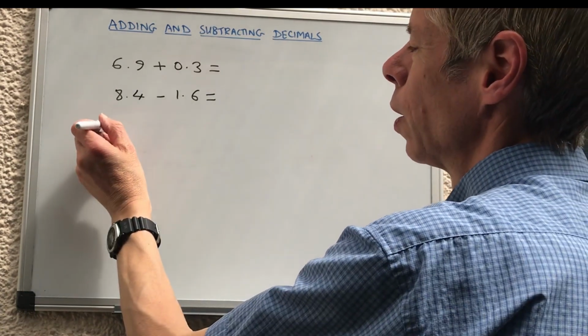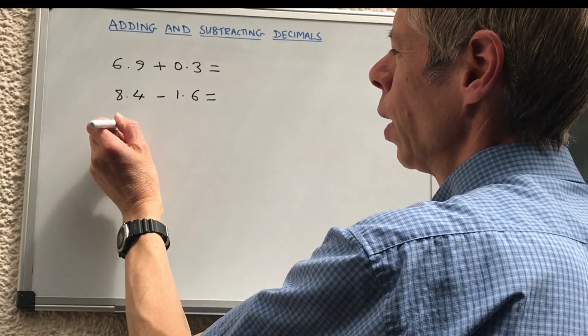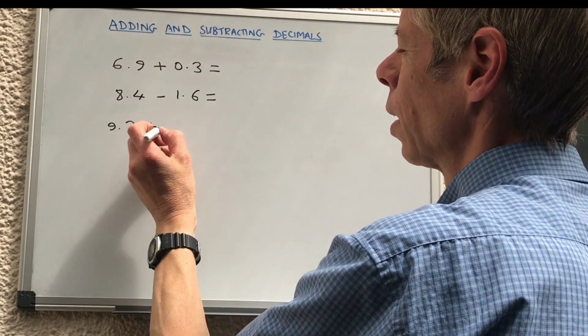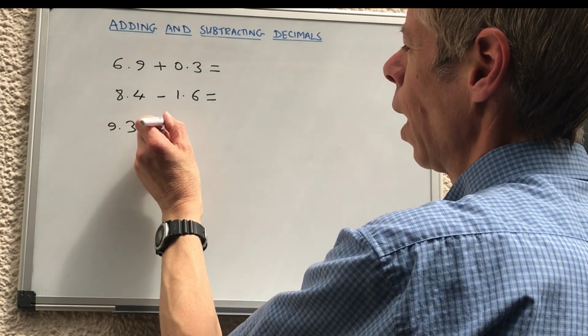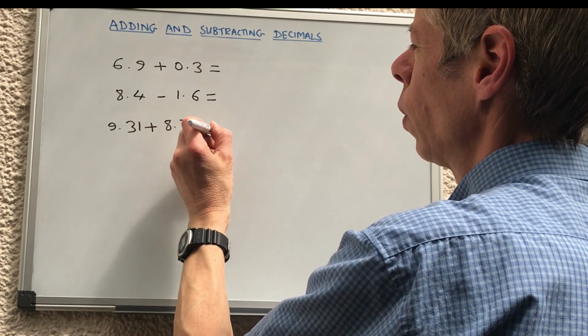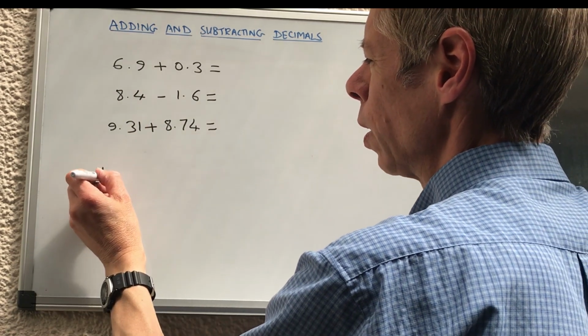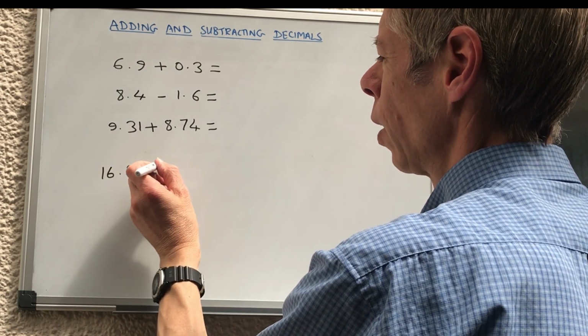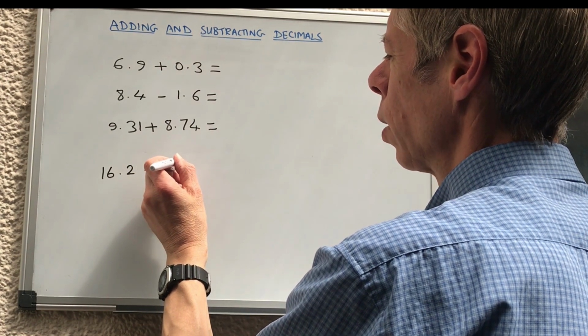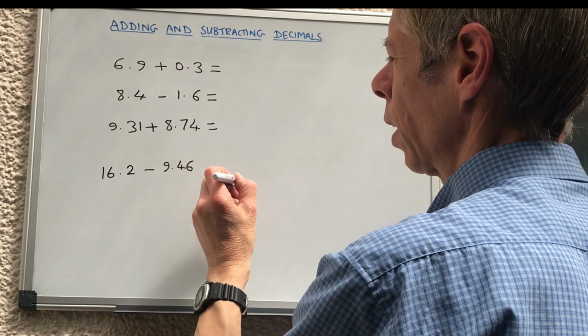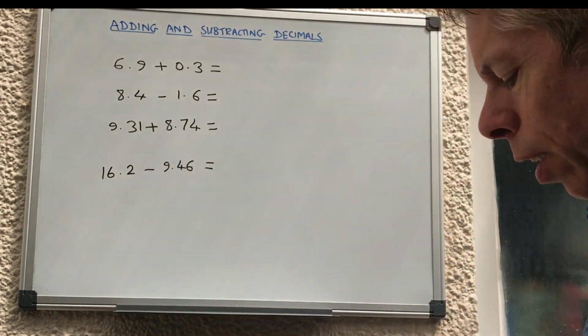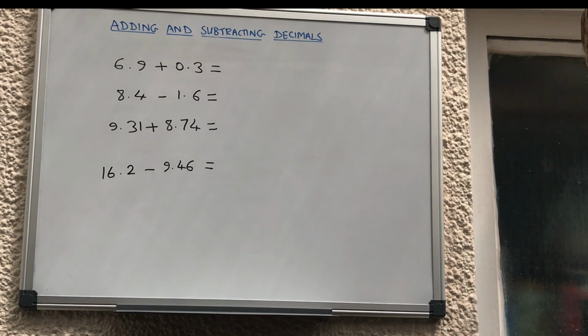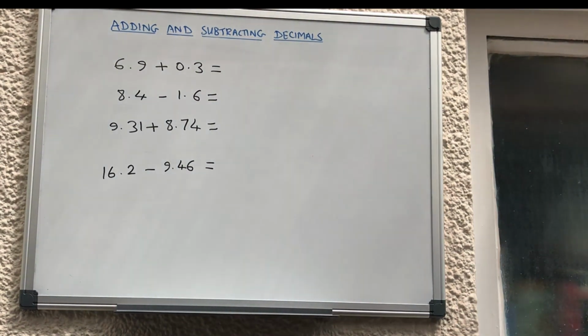Then we've got 9.31 add 8.74, and then we've got 16.2 take away 9.46. Okay. Right, see how you get on with those. Possibly pause the video while you do them and then come back and see how you did.